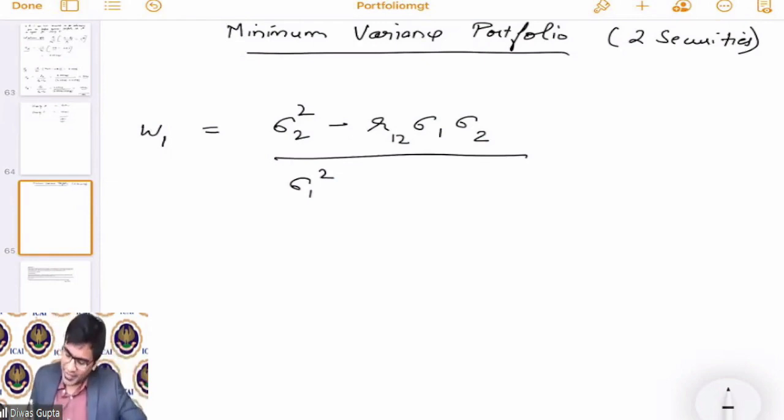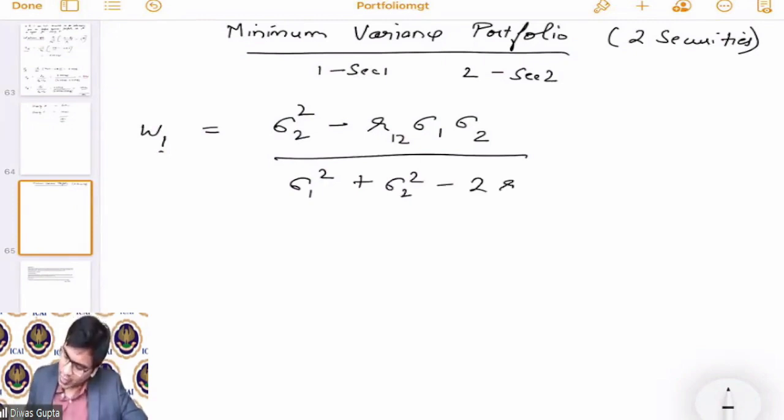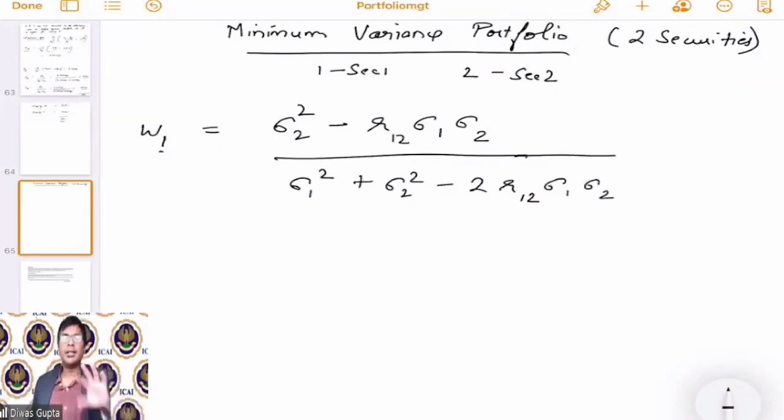Here, this is security 1 and this is security 2. Plus standard deviation of 2 square minus 2 R12, standard deviation of 1 and standard deviation of 2. This is what the formula is.